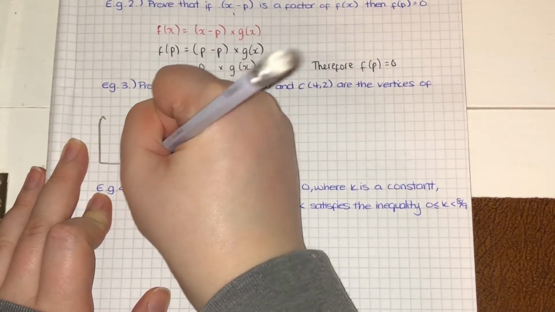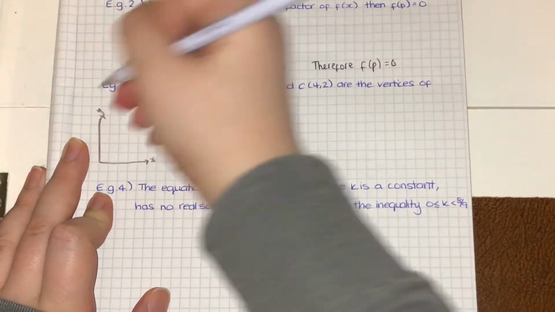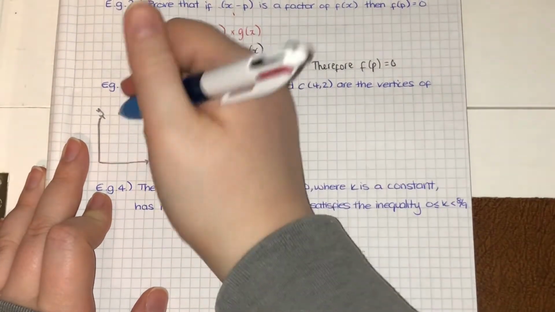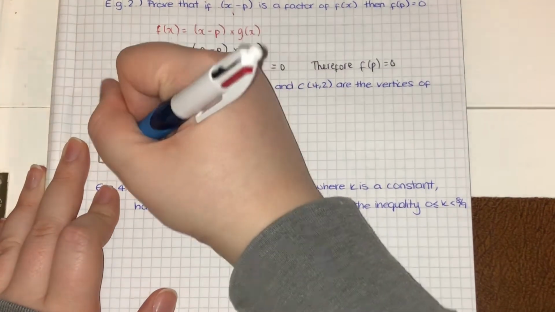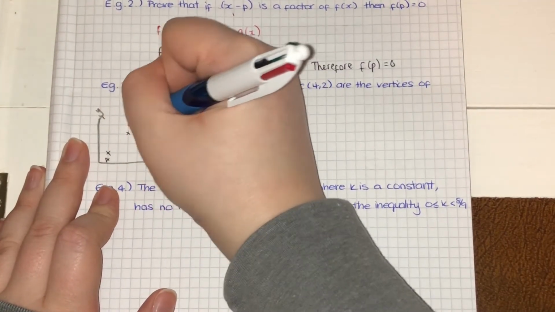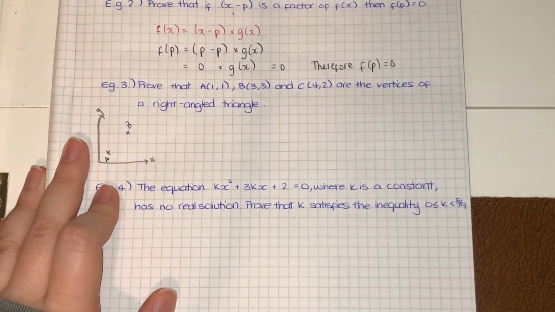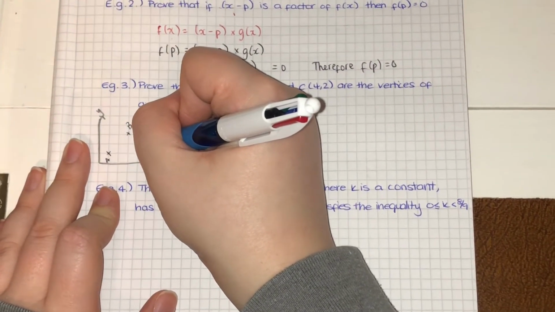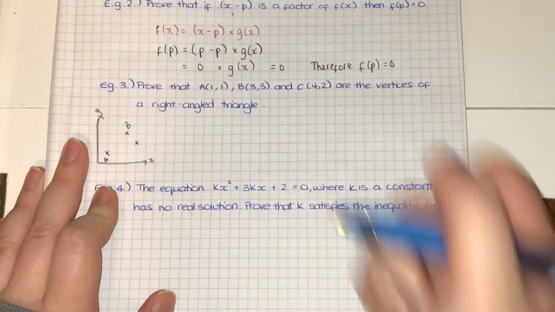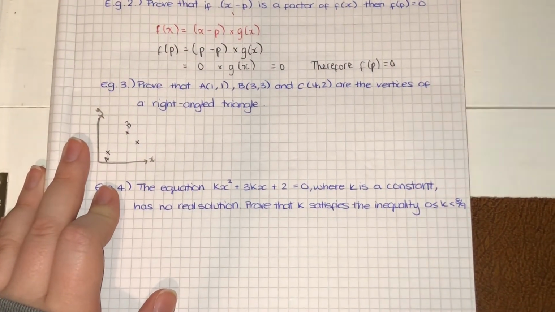So I'm just going to draw a little grid. So A is 1, 1, so A is going to be there. B is 3, 3. 1, 2, 3. 1, 2, 3. B. And C is 4, 2. 1, 2, 3, 4. 2. Okay, something like that.